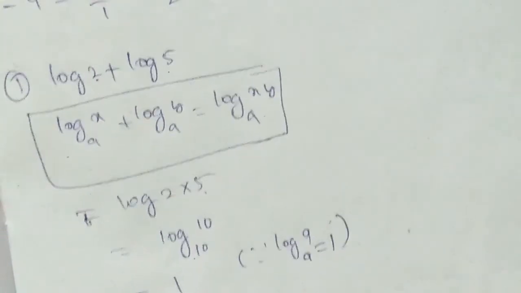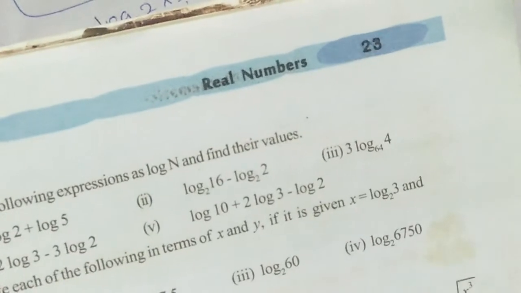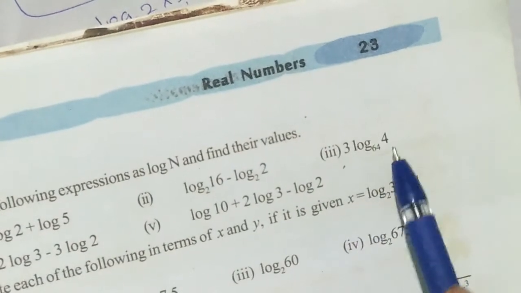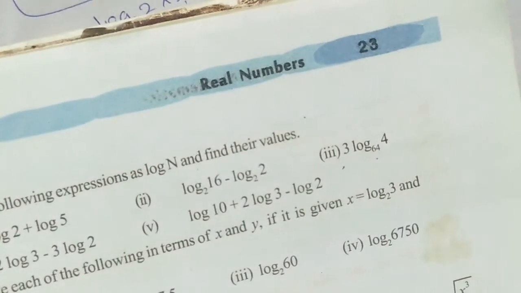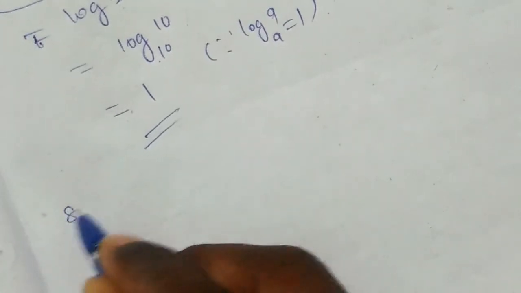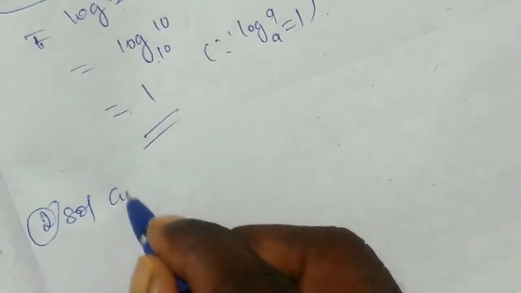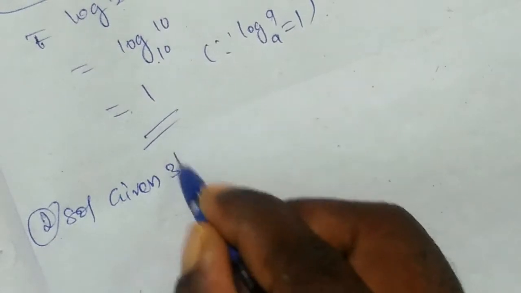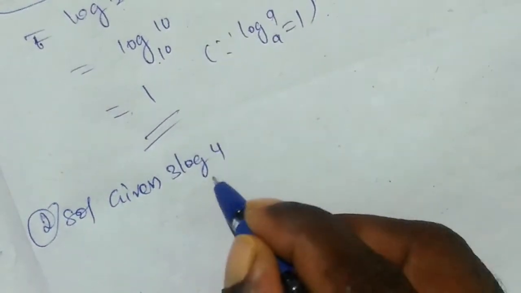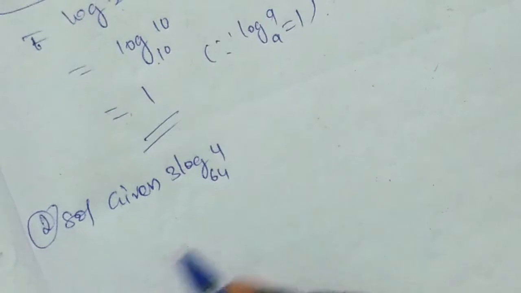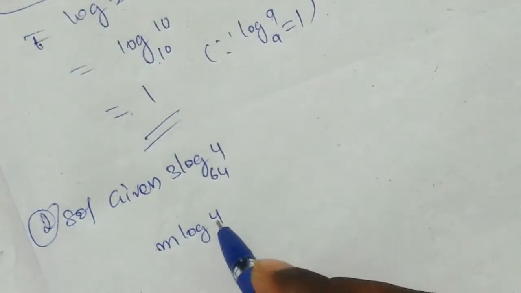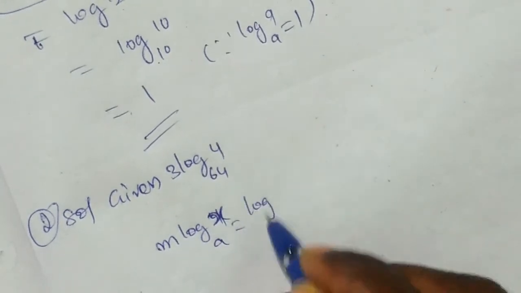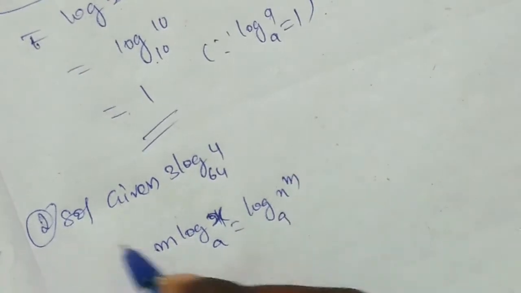First problem done. Next, third problem: 3 log 4 base 64. Solution: 3 log 4 base 64. We have m log x base a is equal to log x to the power of m base a.